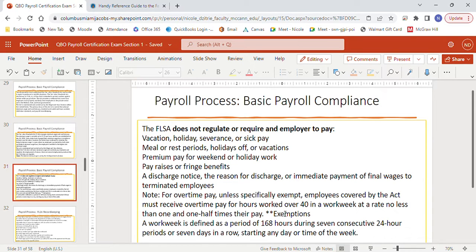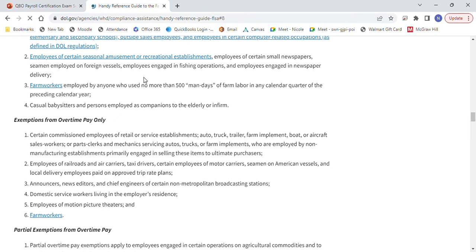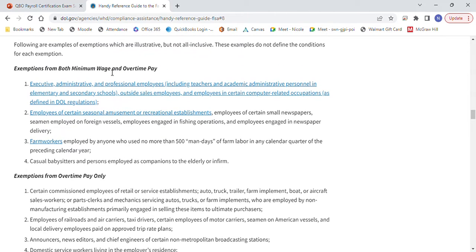So here were the exemptions, and I said they just kind of gave it one sentence in the training. I'm hoping that this page is still here where it talks about the different ones. So these are the ones that are exempt from overtime only. And this is minimum wage and overtime, which would be administrative, as I said.